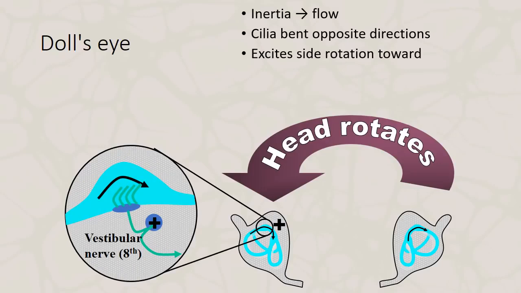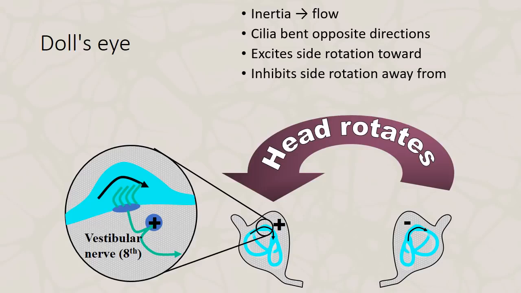This movement or flow causes the hair cells to bend in one direction on one side of the head and the opposite direction on the other side of the head. That information is fed through the vestibular nerve.